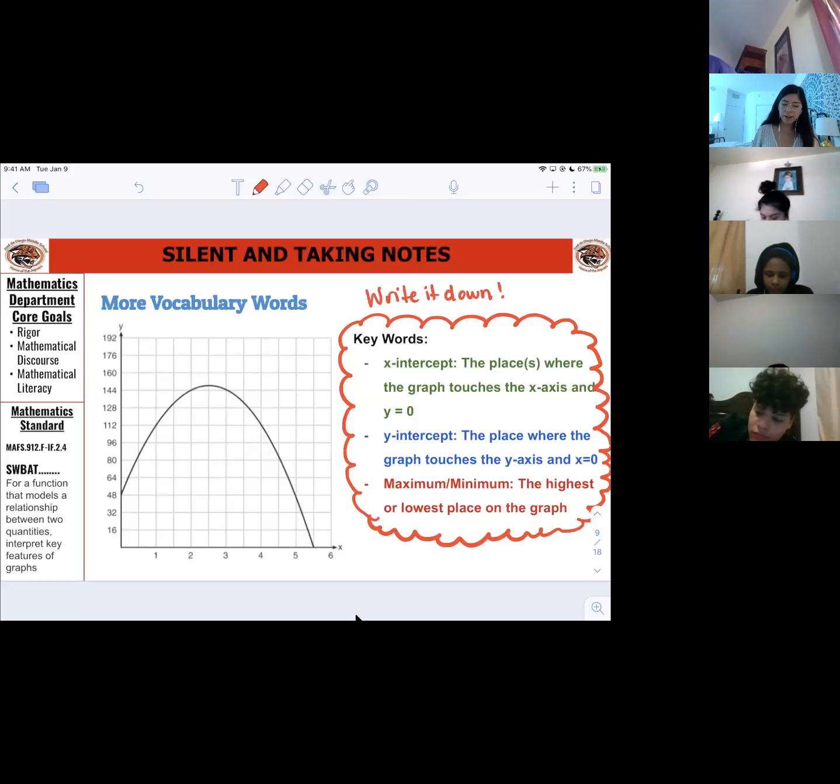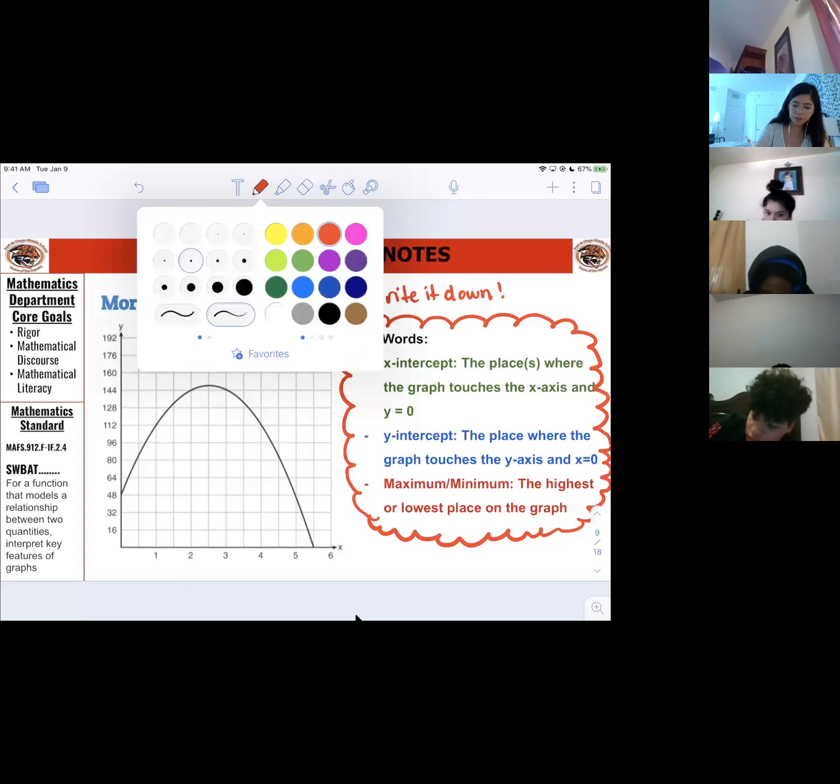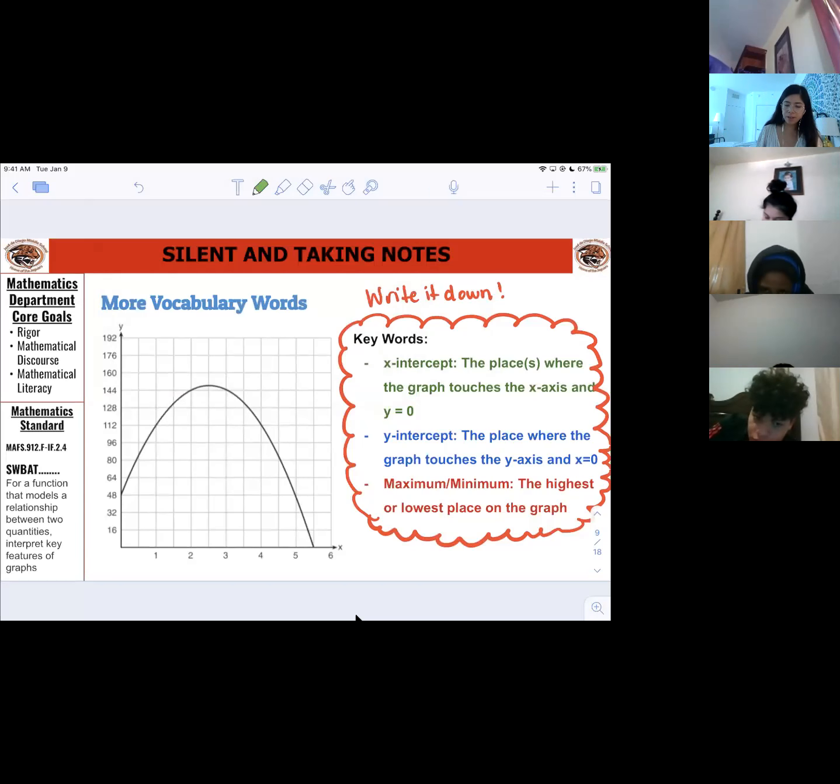Okay, so if you're not done writing, that's okay, because I'm going to take a little time to label this graph and show you where these things are located. So when I say x-intercept, I'm looking for the place on the graph where your graph touches the x-axis. So you're looking at the place where it's either touching the x-axis or crossing the x-axis.